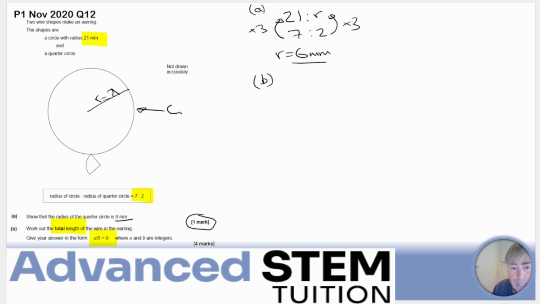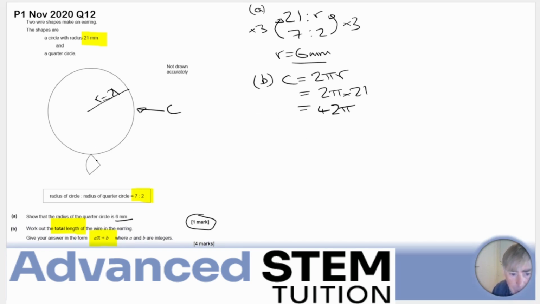We'll call that C of our large circle. So that's the easy bit. We can just do C equals 2 times pi times r, which is going to be equal to 2 times pi times 21, which is going to give us our 42 pi millimeters. Okay, again, I'm not going to put the units in.